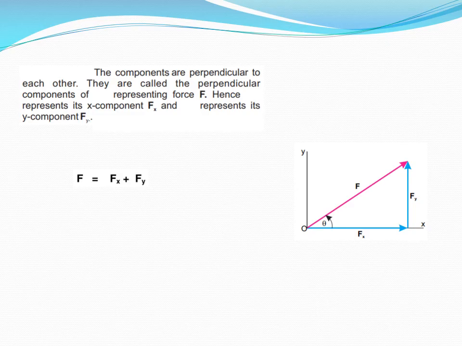In this figure F is broken down into two mutually perpendicular components. Fx is the horizontal component of this force F, drawn along the positive x-axis, and Fy, plotted parallel to the y-axis, is called the vertical component. So this pink arrow F is split into two mutually perpendicular components, which are called rectangular components, Fx and Fy.